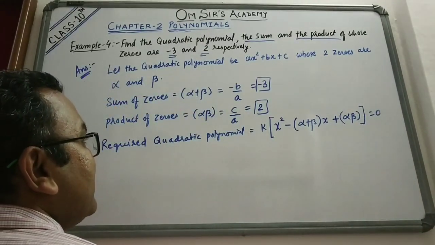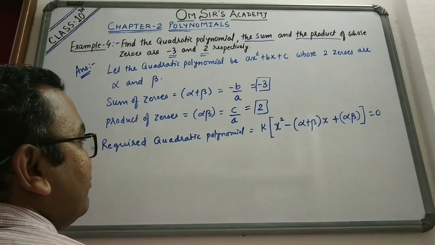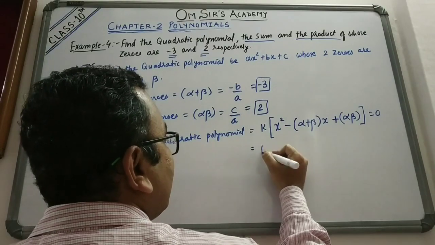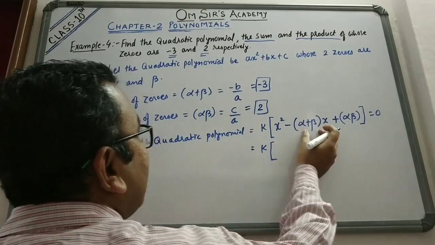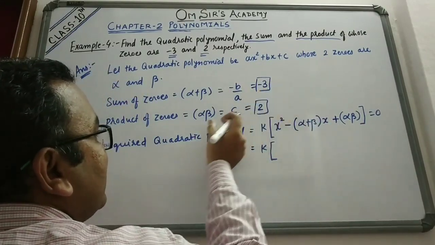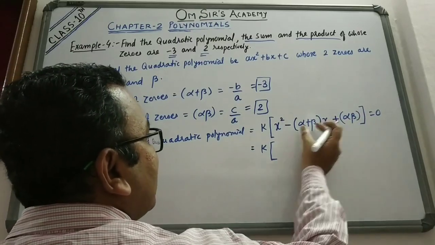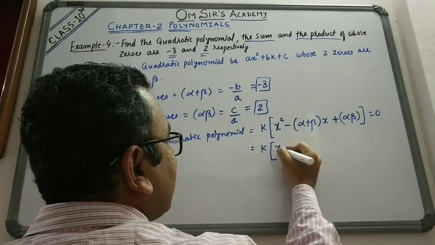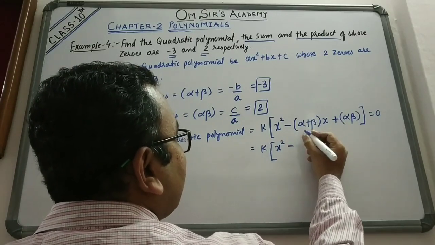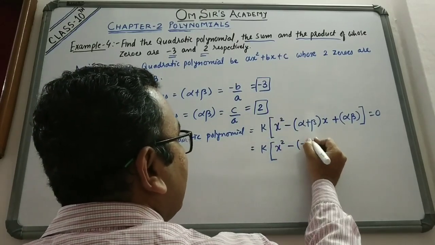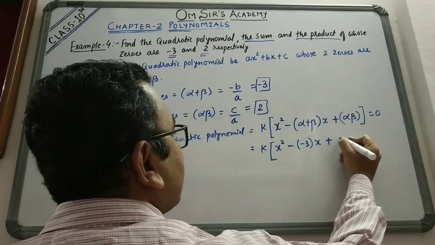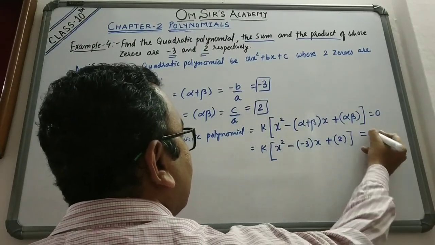Okay, so in this form your quadratic polynomial will be. Now उसका आंसर क्या आएगा, when I substitute -3 instead of alpha plus beta and 2 instead of alpha into beta, so let us substitute. So minus alpha plus beta is -3 into x plus alpha into beta, that is product of zeros, is 2, that is equal to 0.